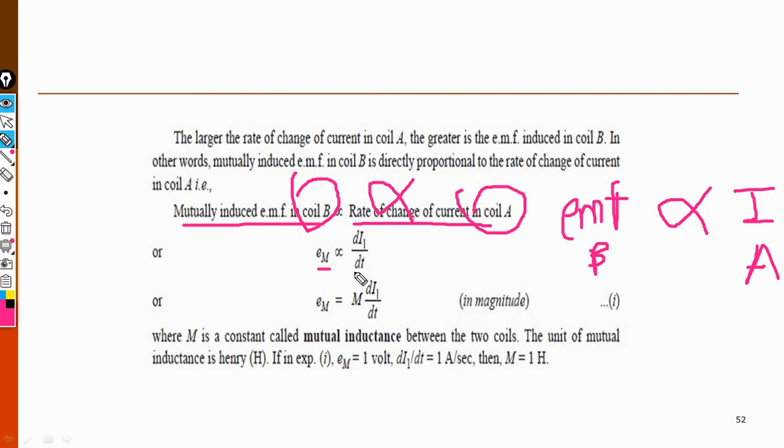Then we take the constant: EM is equal to M into dI1 by dt, in magnitude. This M is a constant, called the mutual inductance between two coils, and the unit of mutual inductance is Henry, capital H. This is the concept of mutual induced EMF.